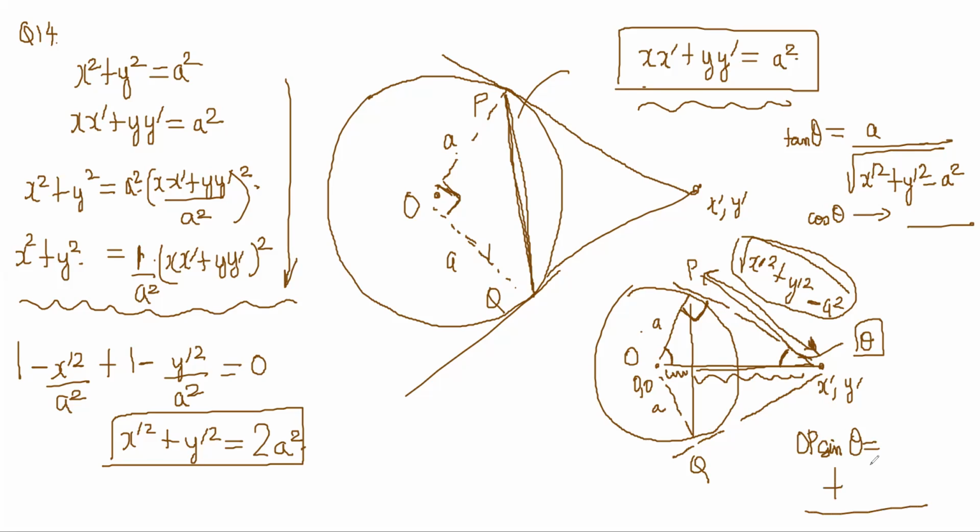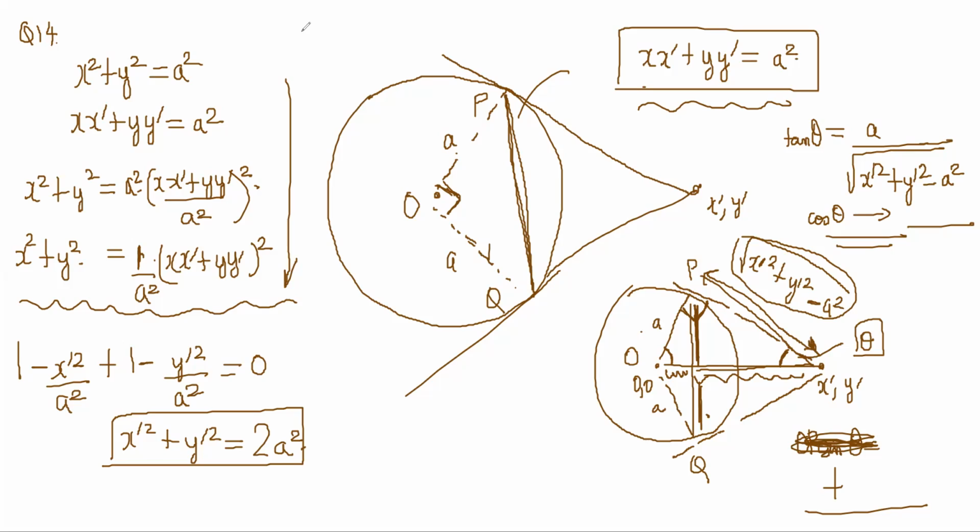Actually we don't need to do that. We can simply find it this way, because we know the length of the tangent. Once you know this, you can get this length. We can use Pythagoras again, and double of that is the chord length.